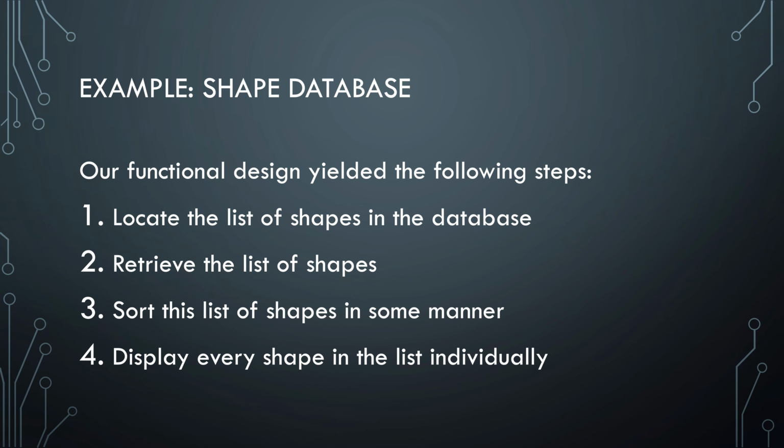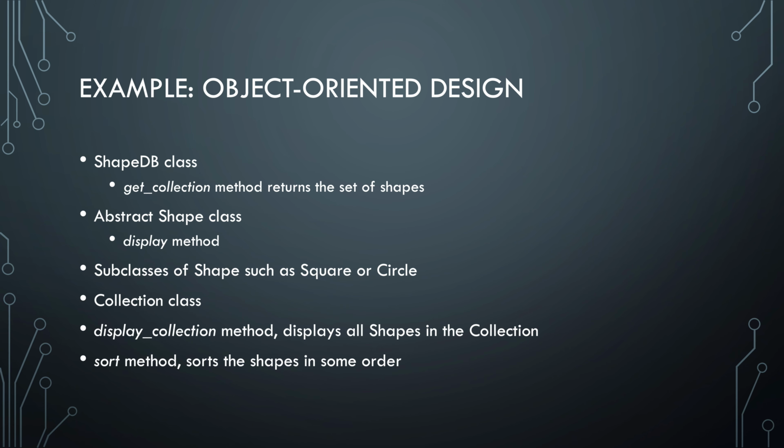Here's the shape database example again, showing the 4 steps we identified. Now let's approach this in an object-oriented design fashion. First, there is a ShapeDB class with a getCollection method that's responsible for connecting to the database and retrieving the list of shapes.